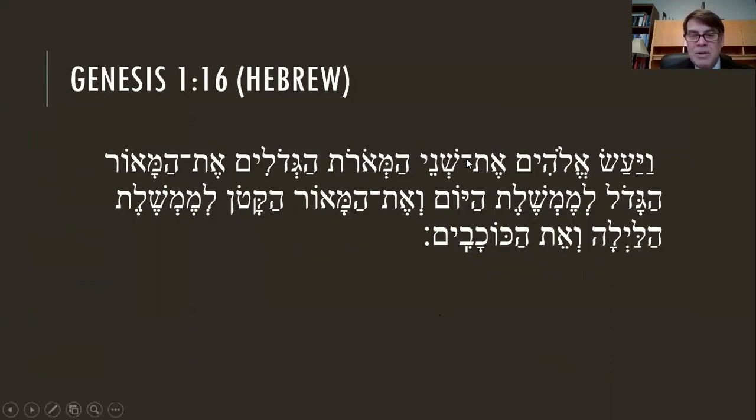Vaya'as Elohim et shenei ha-me'orot ha-gedolim et ha-ma'or ha-gadol lememshelet ha'or ve'et ha-ma'or ha-katon lememshelet ha-laila ve'et ha-kokavim.